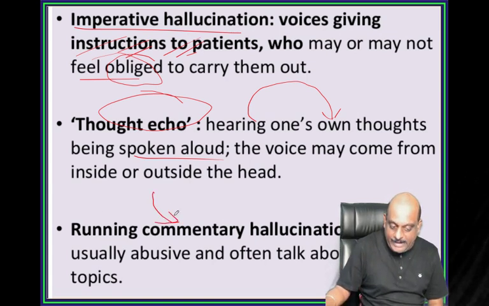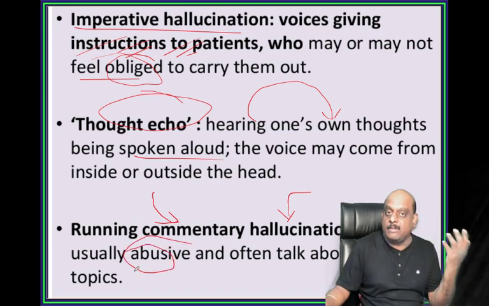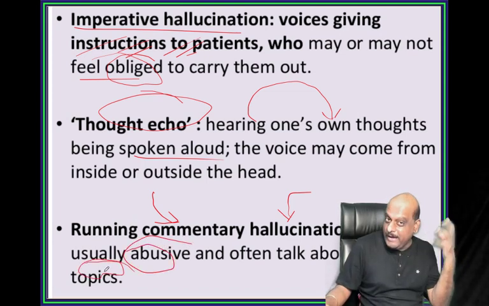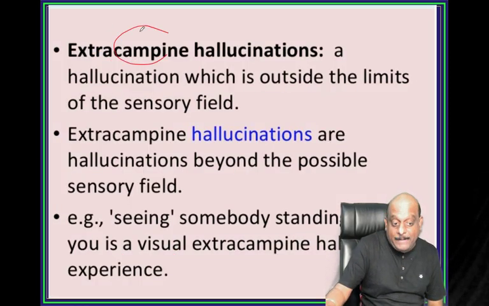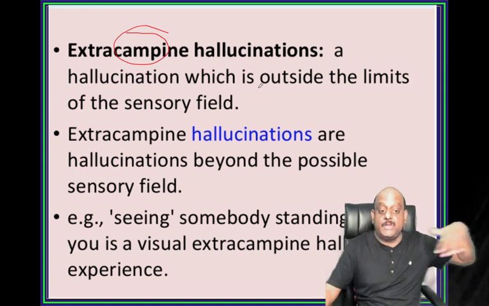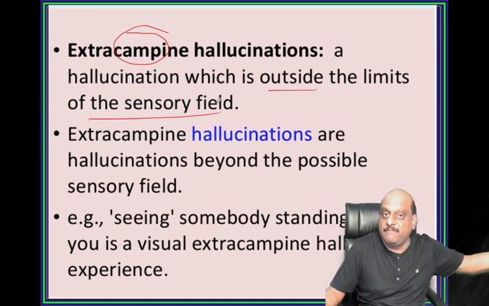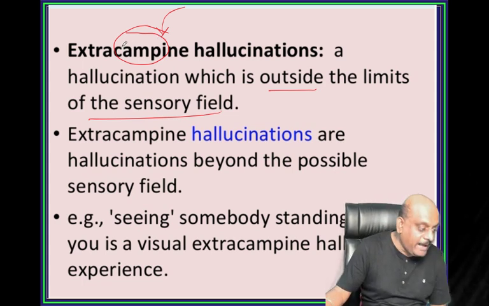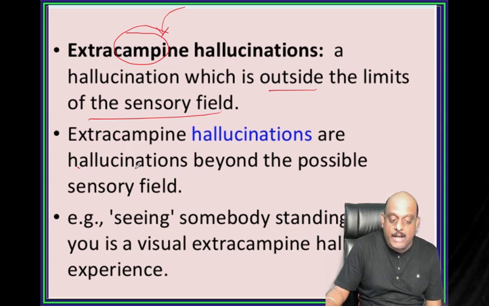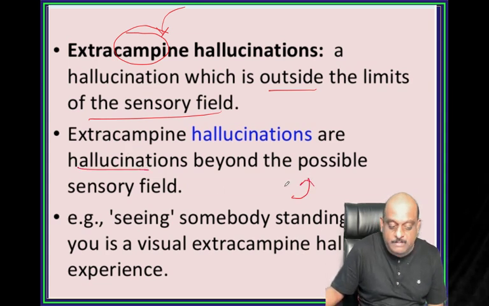Running commentary hallucinations, they are usually abusive and talk about sexual topics. Then what are extracampine hallucinations? A hallucination which is outside the limits of a sensory field. It's called extracampine. Extracampine hallucinations are hallucinations beyond a possible sensory field.